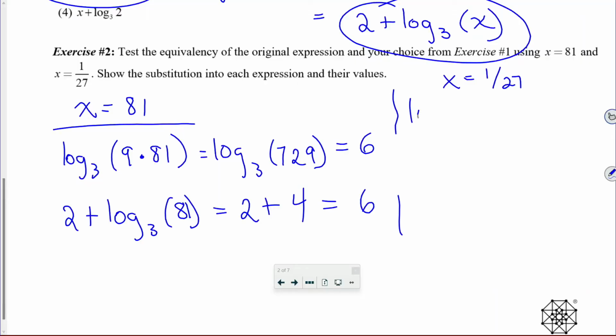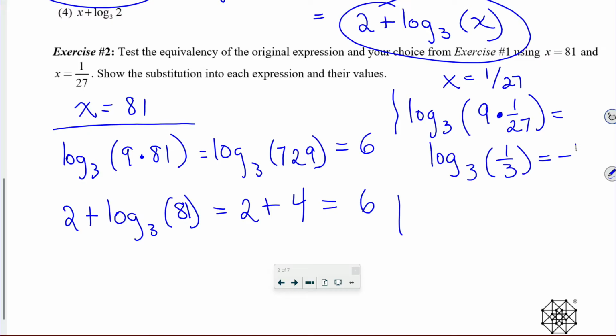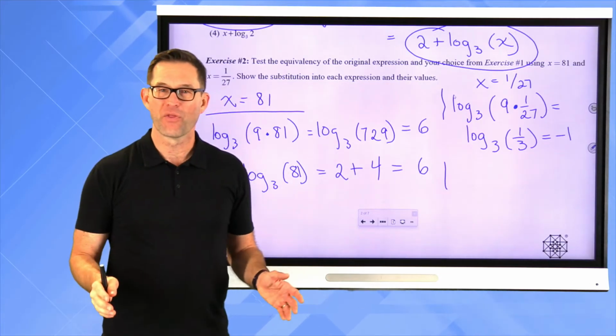So for my original expression, which was the log base 3 of 9x, I'm going to have 9 times 1/27th, which is the log base 3 of 1/3, and that is equal to -1, right? 3 to the -1 is equal to 1/3.